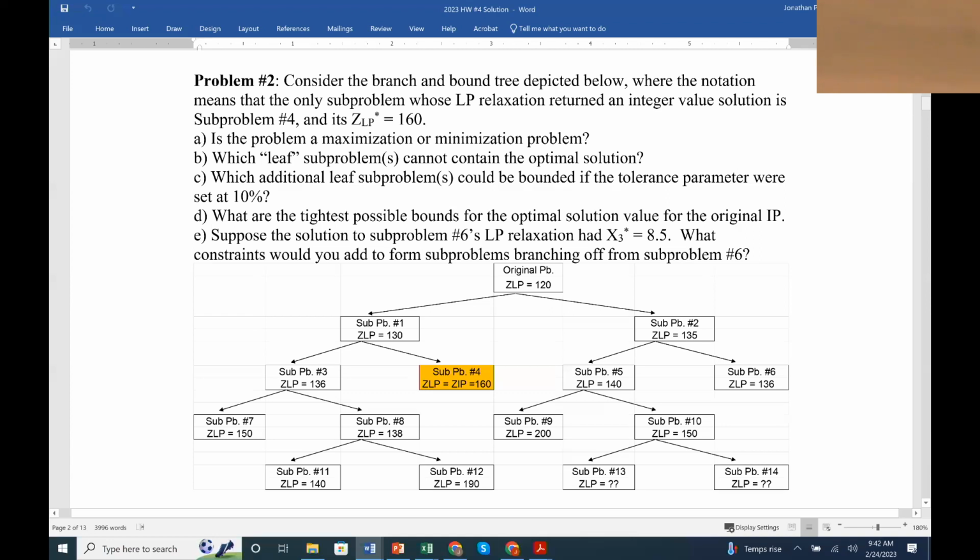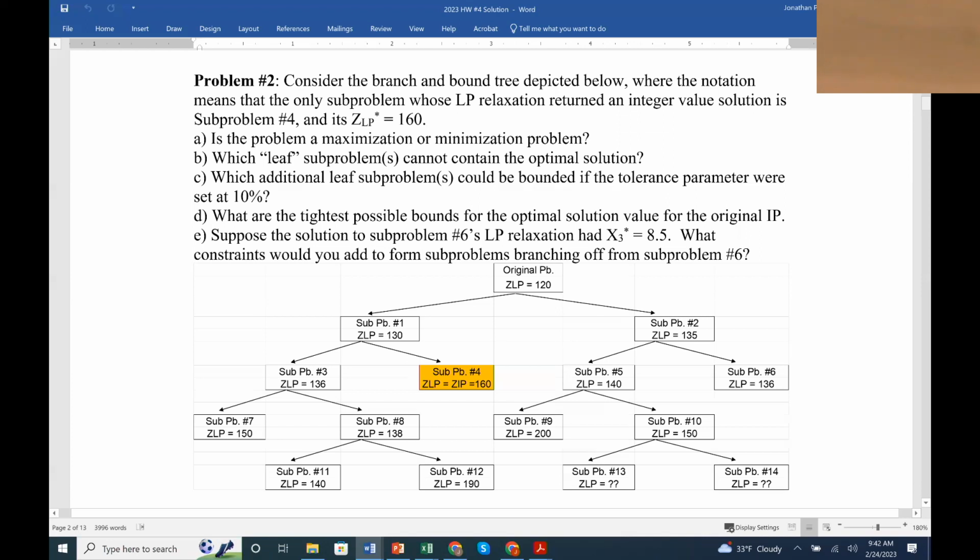Can you explain again why we didn't look at the 10% above? Well, we're trying to minimize. So suppose I had a leaf out there that had a ZLP of 165. I can trim that even if my tolerance is 0, because nothing under that could possibly beat my incumbent solution I already know about.